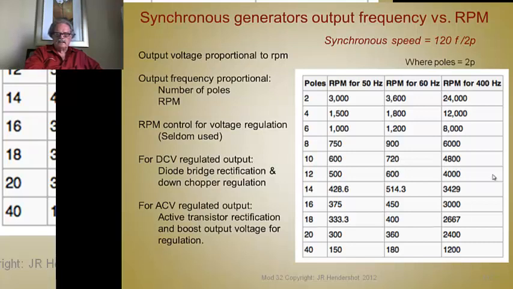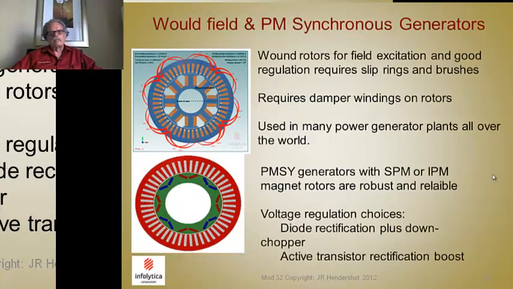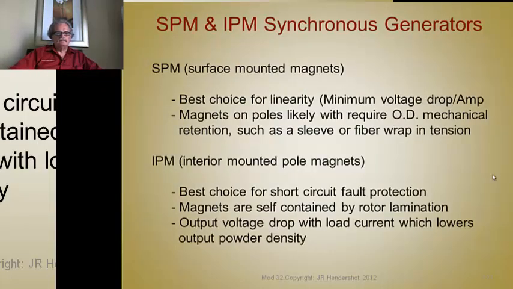Now you can use another inverter to generate sinusoidal voltages if that's what you need, and then you can have taps on there for different voltages, or you can use a transformer with taps on the transformer. And an active regulated output uses a transistor rectifier, and you can boost the voltage for regulation.